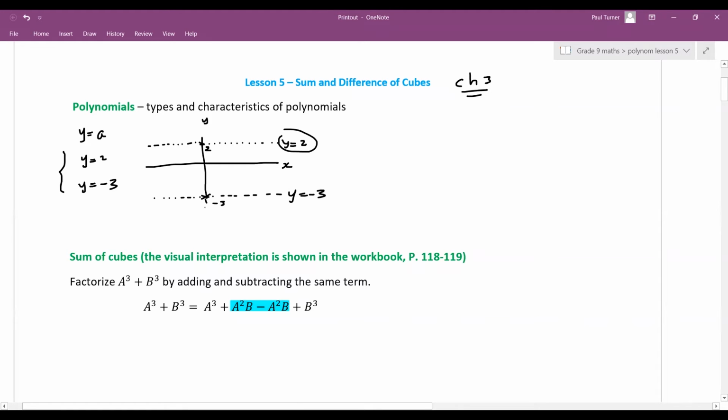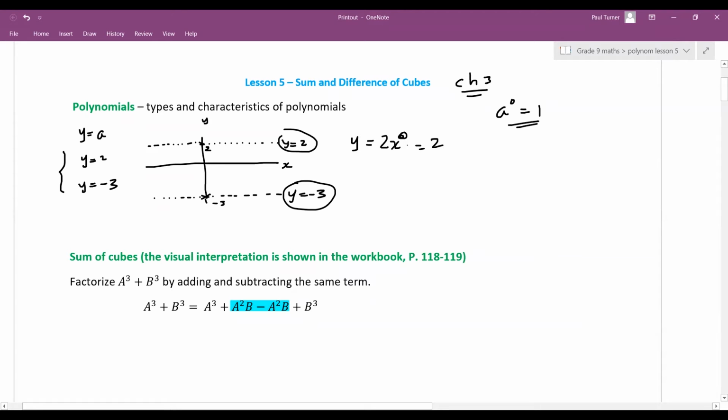-3 is the intercept. What you note then is that y equals 2 actually has x power 0 on it. That's x power 0, because remember, any number to power 0 is 1. So 2 times x to the 0 is just 2.